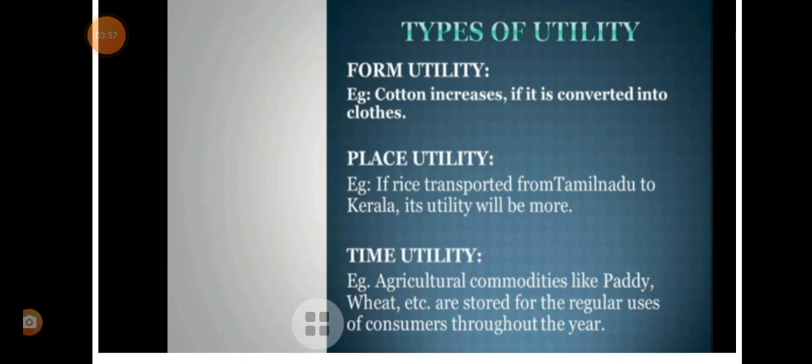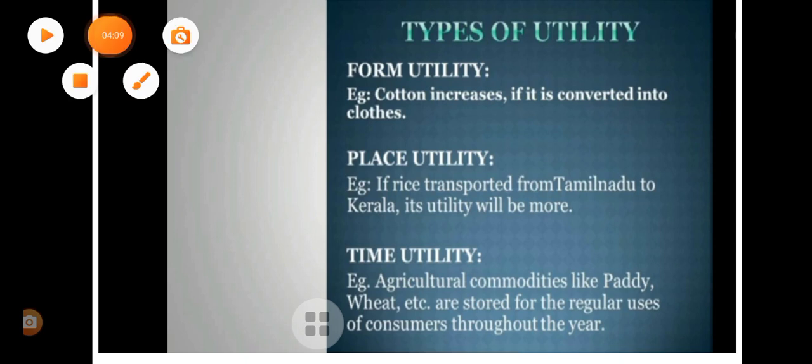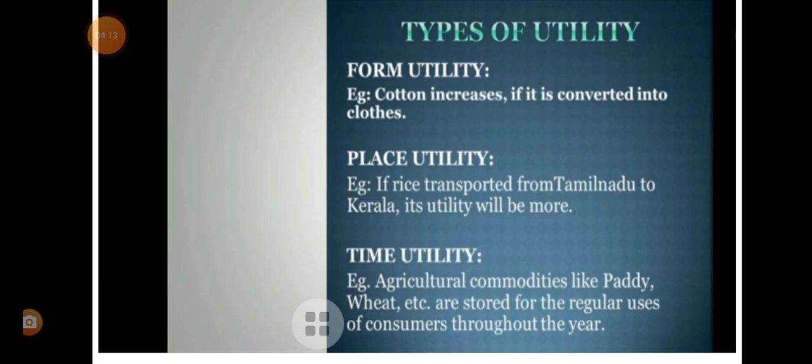There are three types of utilities. Form utility. Example, cotton. What is meant by form? Its original appearance is called form. For example, cotton. When you sell cotton, the value of cotton is very less.